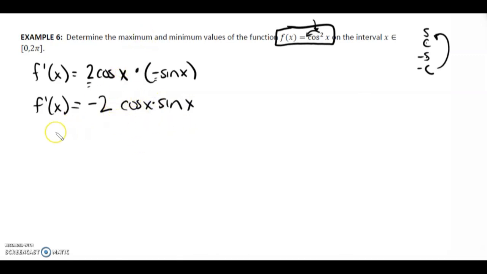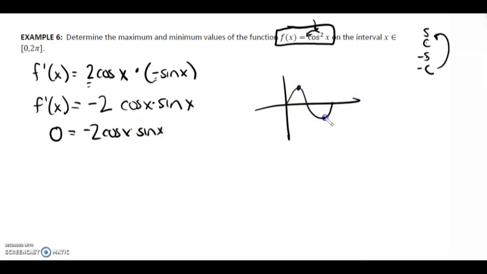Okay, for max and min values, we want to find the critical numbers. So set the derivative equal to 0. This is going to tell us, for example, when we have the horizontal tangent, so when we have that turnaround point.